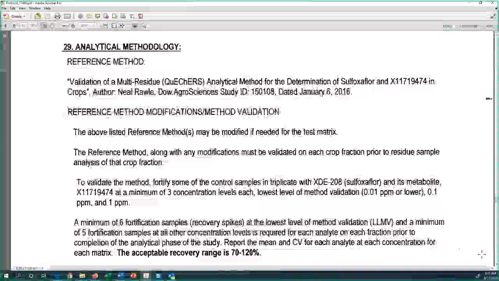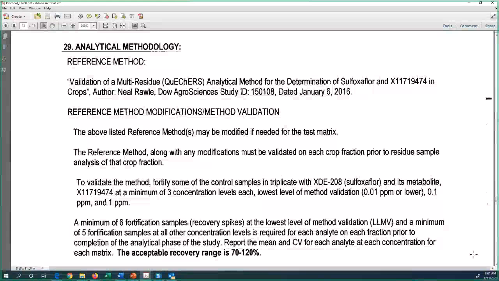Okay, so the typical, when you see this, we will see this one is the lowest one, and most likely because we are doing the mitigation work in this study, and we need to get the detection limit to this as much as we can, because most likely it will be very low. So detection limit, LOQ, or lowest method validation level should be 0.01 in our work here.